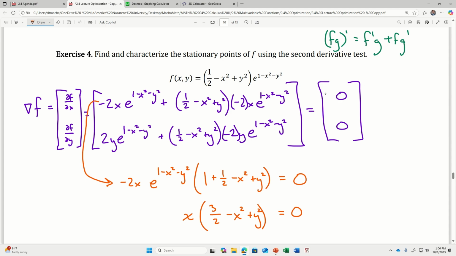And that means one solution is x equals 0. But that's not the only solution. The other solution is if x squared happened to be equal to y squared plus 3/2.